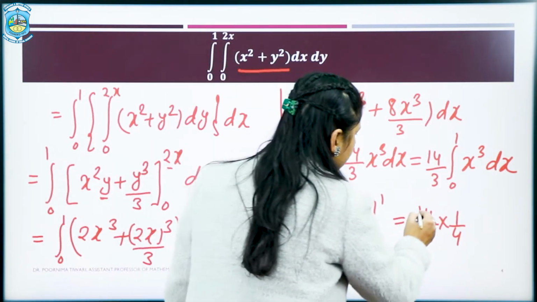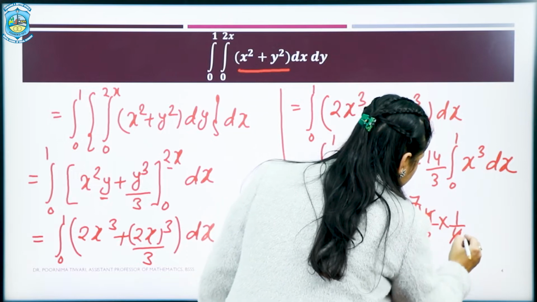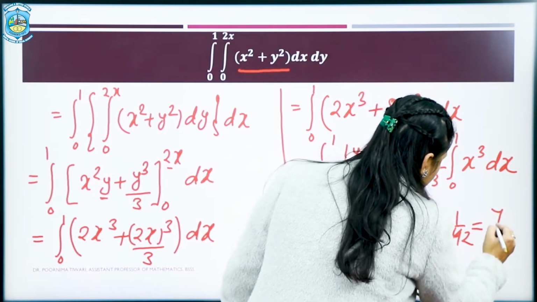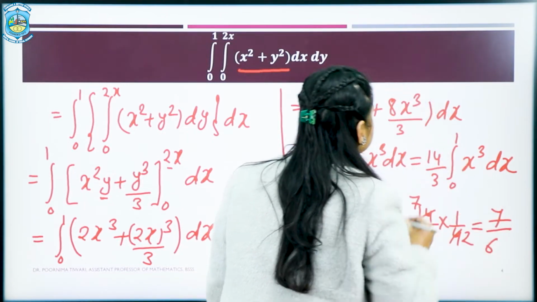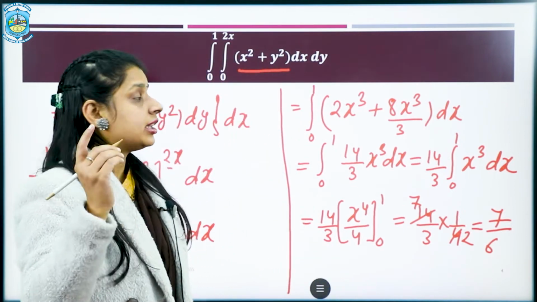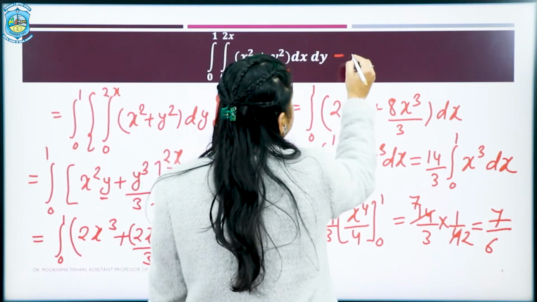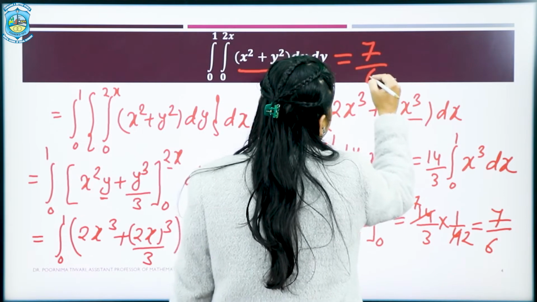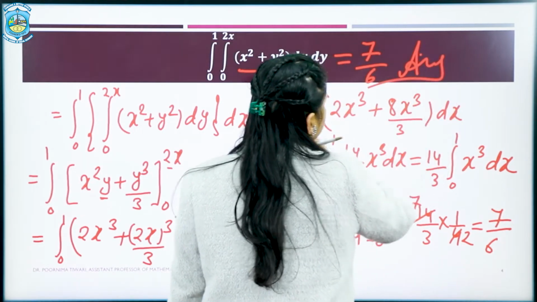On simplifying, we get the value 7 by 6. Thus, the value of this double integral is 7 by 6. That's our answer.